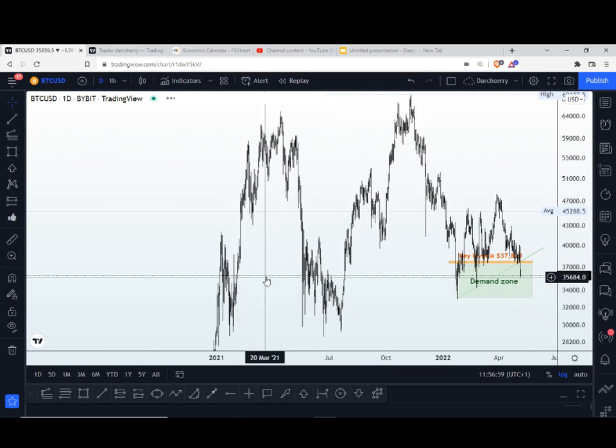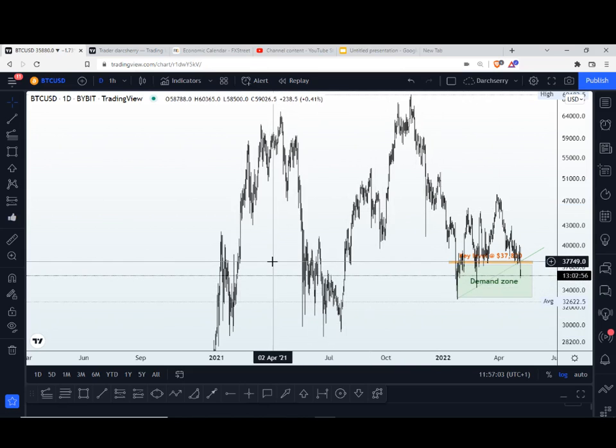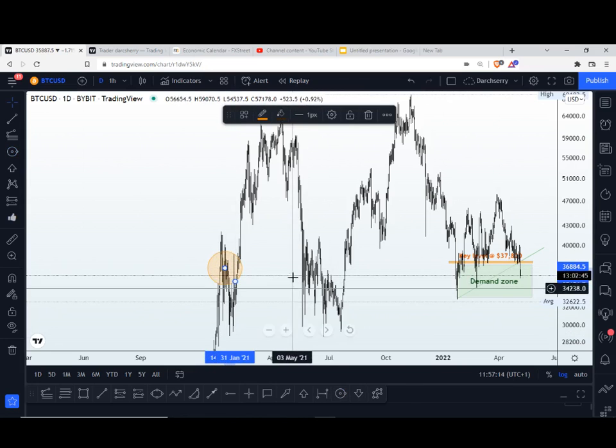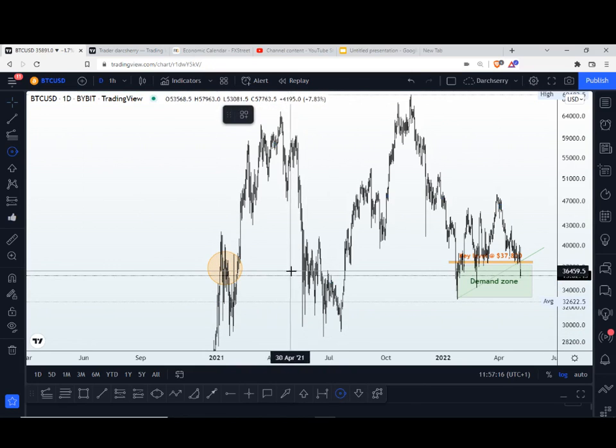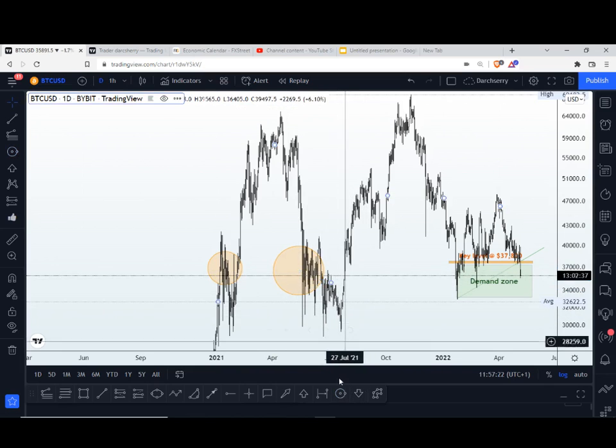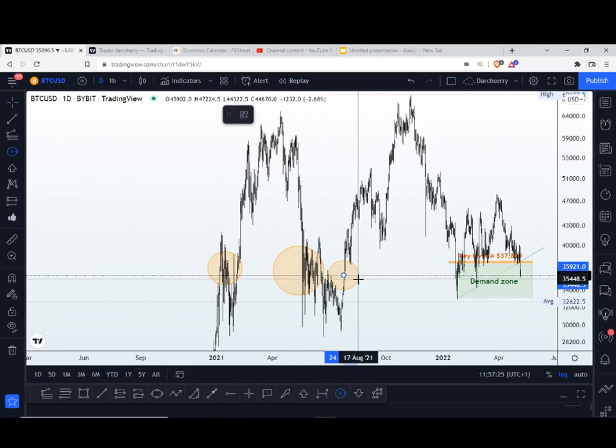If we look left, we can see that this demand zone area has a confluence that spans over 2 years now. I think since January 2021, we can see structures here. As soon as price comes into this area, we saw that there was a tendency of bullish momentum from this area, as we can see in the past.